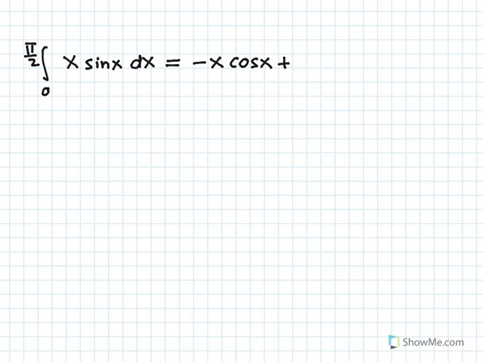So what we have is the integral from 0 to pi over 2 of x sine x dx is equal to minus x cos x plus sine x, evaluated from 0 to pi over 2.